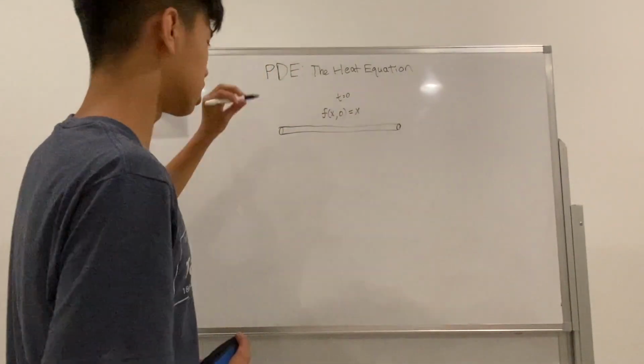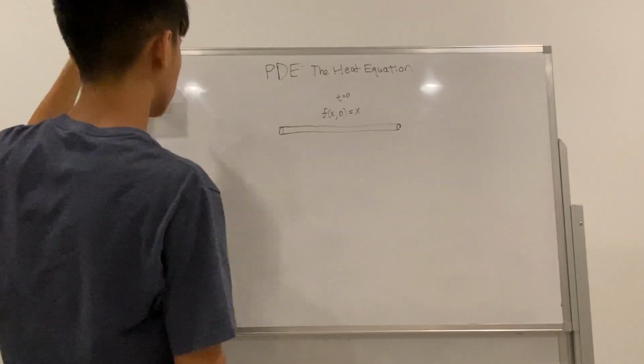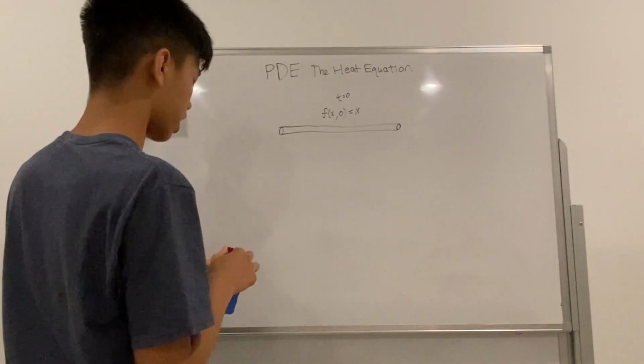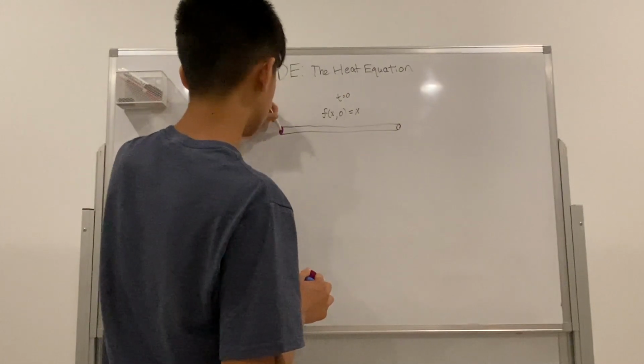Now, let's say suddenly you change the temperature of both ends of the rod to be 0 degrees Celsius.